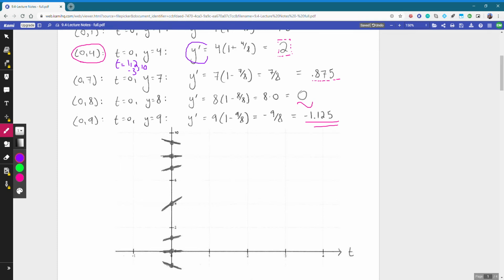Because our differential equation doesn't see t at all. We still get 2. And so that means that down here where we see this slope of 2, we can just pick a bunch of points left and right and draw in that same slope. Because at each of those points of that same y value, our differential equation would tell us that we need to have the same slope there.